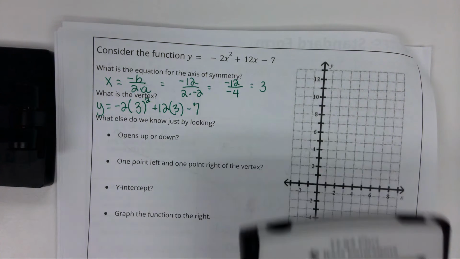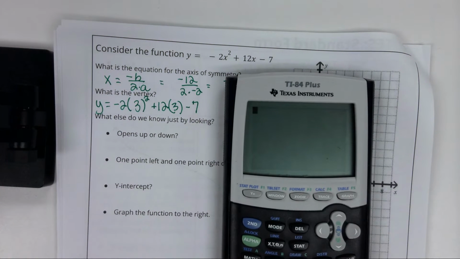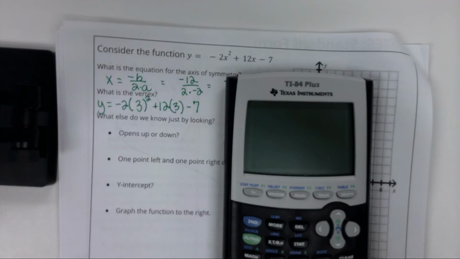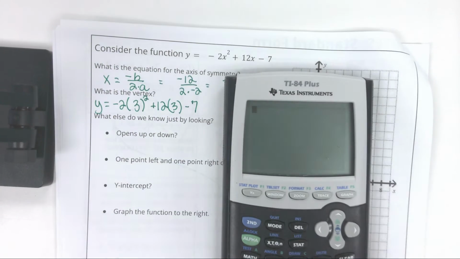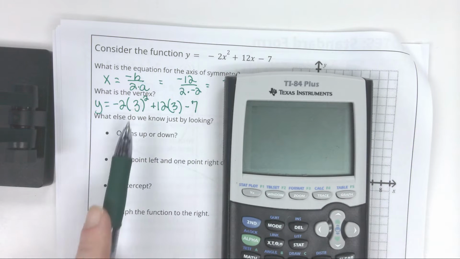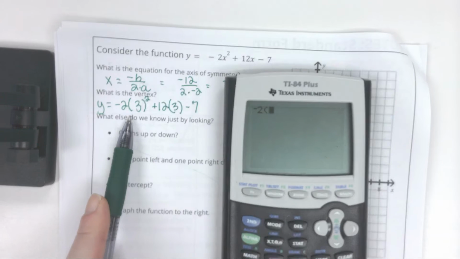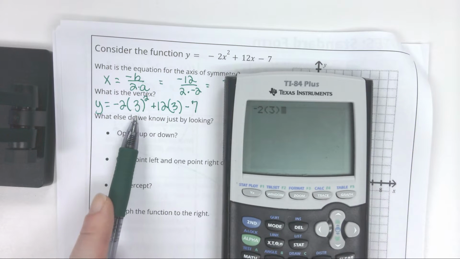Here's what I mean by this. It doesn't even have to be a graphing calculator, a calculator that just has the window on top. You can type this in just how we did that.